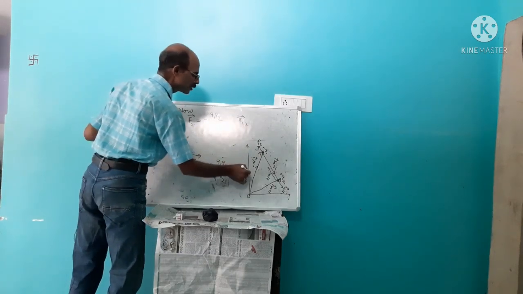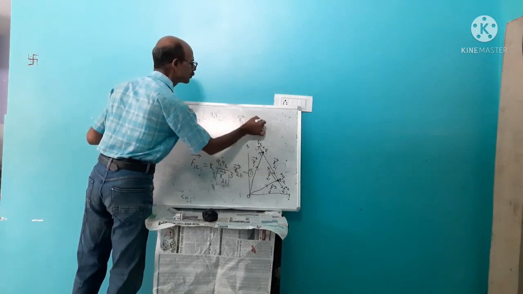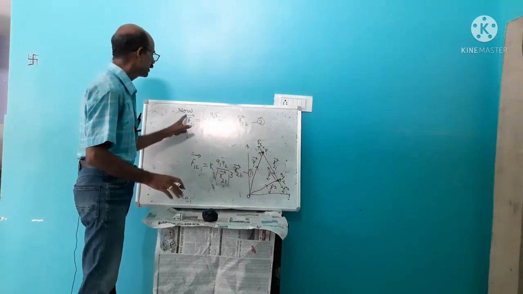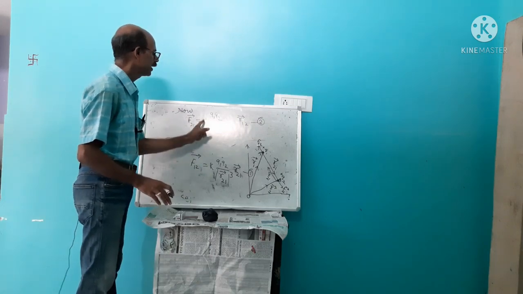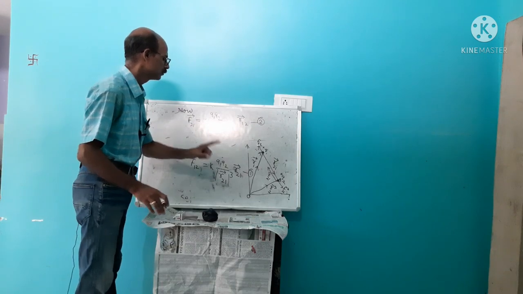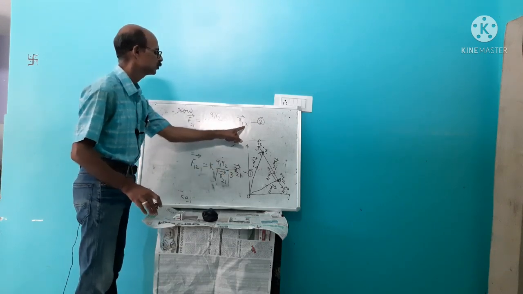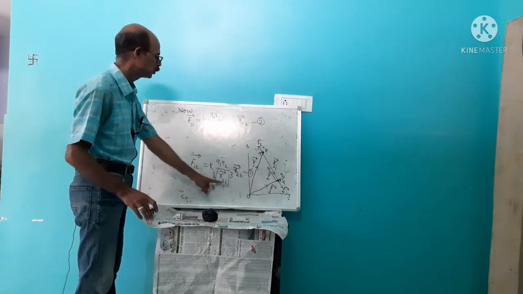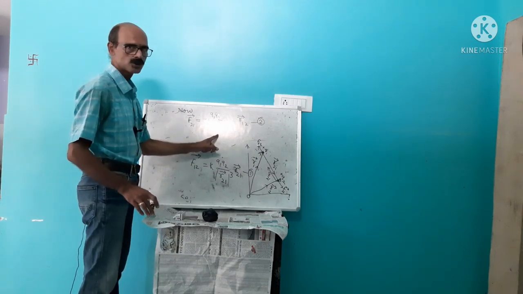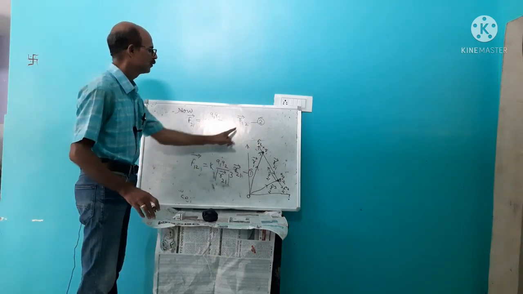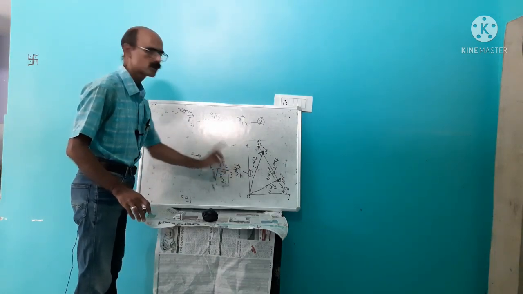Let it be equation 1 and this is equation 2. So there is not much difference. Here F21, F12, K, Q1, Q2. Here R12, here R21. Here R21 vector, R12 vector. If you take R12 cube, this is magnitude. So magnitude cube, R21 cube will be same. Only difference is R12 and R21.